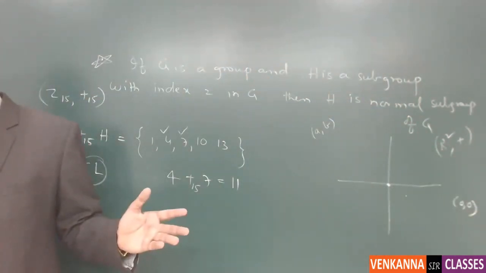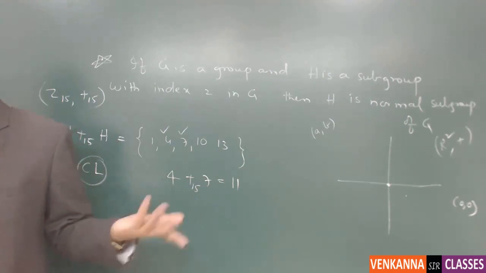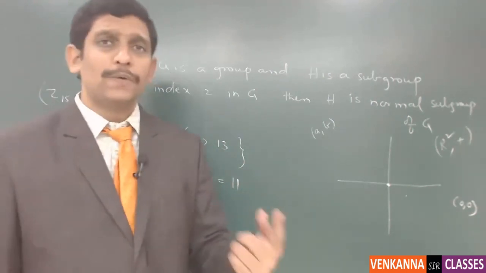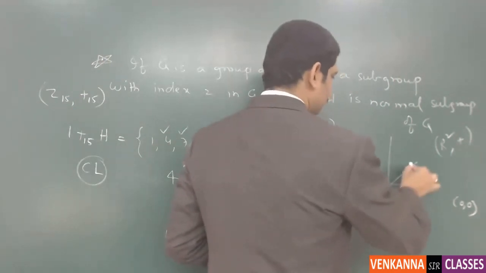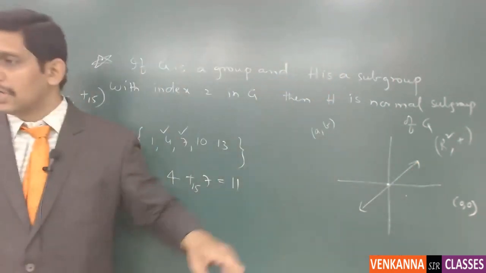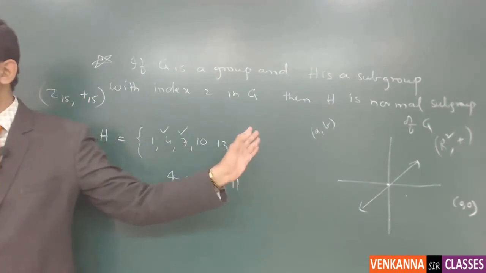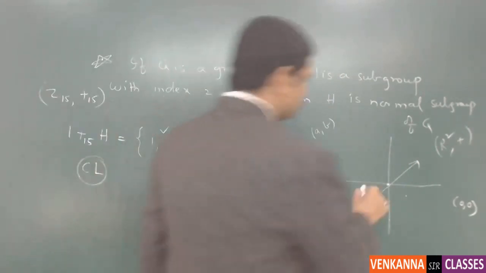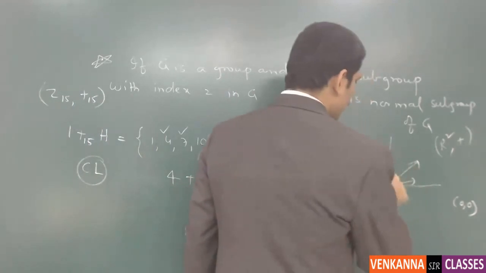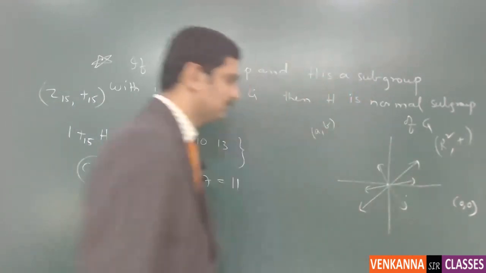So if you talk of subgroups, then a subgroup is a line passing through the origin. You consider distinct lines. The lines which pass through the origin are nothing but the subgroups, if you want a geometrical view for your understanding.